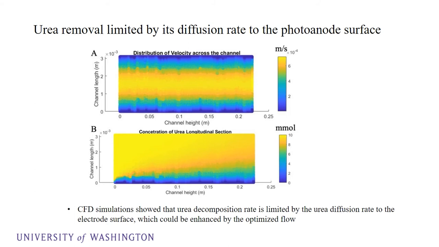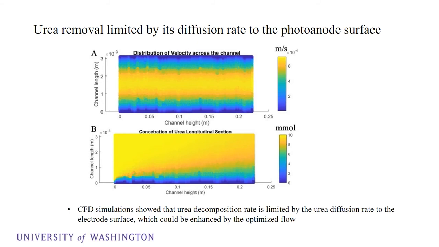As you can see along the x-axis direction in the center, the flow field is very uniform. That's what we want. In figure B, you can see that's the urea concentration being plotted. If you look at the green color of the scale bar, that's 5 millimolar. It gradually extends into the center of the channel as we go down the x-axis.